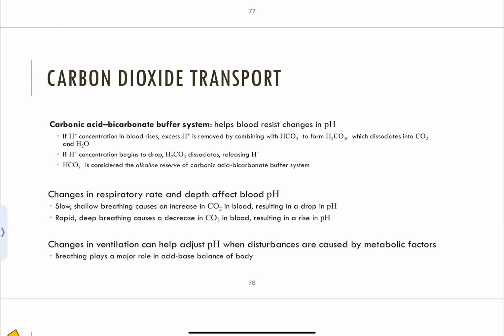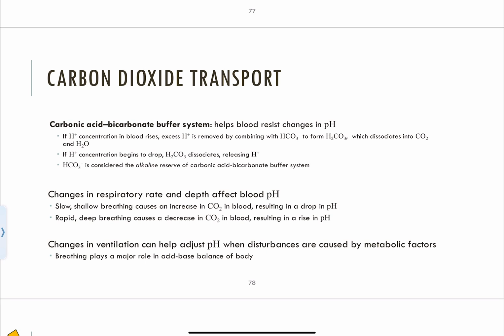So it might seem counterintuitive. Why do we bring in carbon dioxide, put it into an erythrocyte, and then convert it into a bicarbonate ion to send it out to the blood plasma, to reconvert it back into carbon dioxide when we get it into the lungs to breathe it out? Well, the reason is that the bicarbonate ion is part of the carbonic acid bicarbonate buffer system, which is incredibly important for our body.